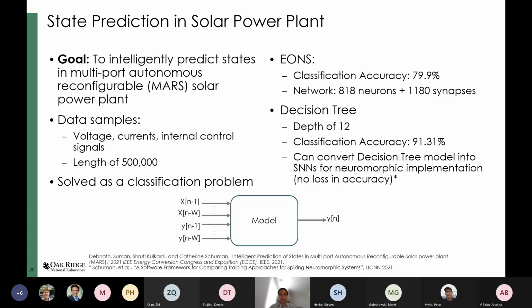With a depth of 12, we were able to achieve a classification accuracy of about 91%. And in the Neuromorphic 10 lab framework, we also have a mechanism to convert the decision tree that is trained by the scikit-learn library into a spiking neural network for the neuromorphic hardware implementation without any loss in accuracy.